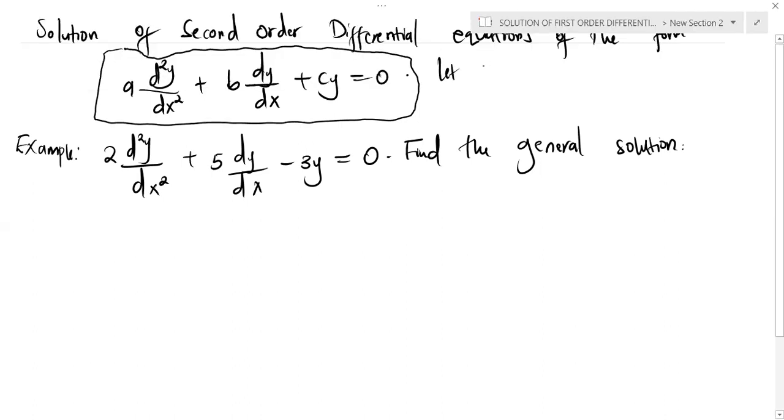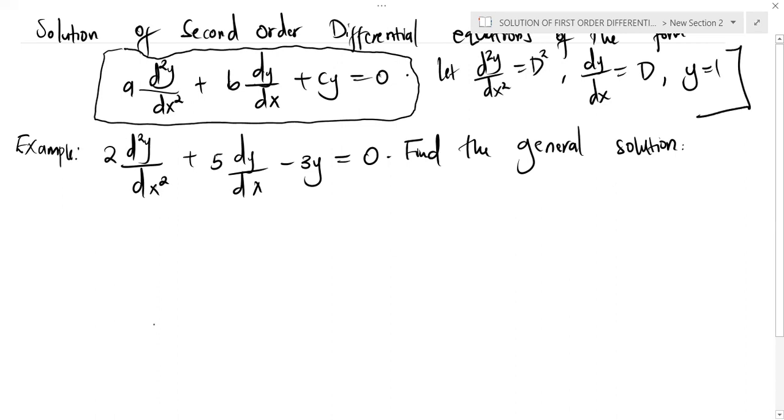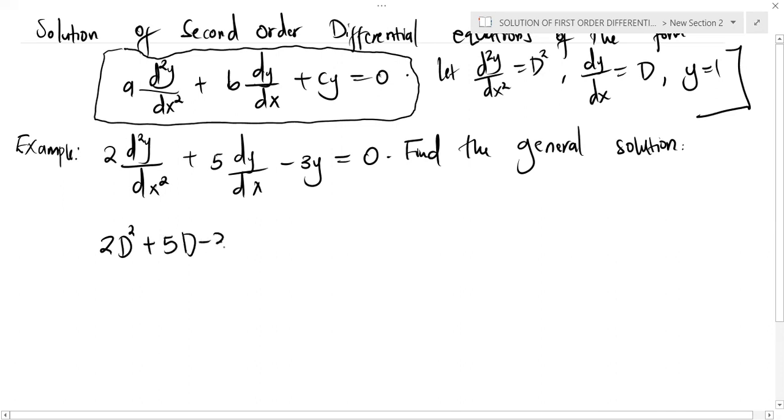We will let d2y/dx² be replaced with D², dy/dx we will replace with D, and y we will replace with 1. So note that. Now, this is an example to solve. This is what we are going to have: 2D² + 5D − 3 = 0.